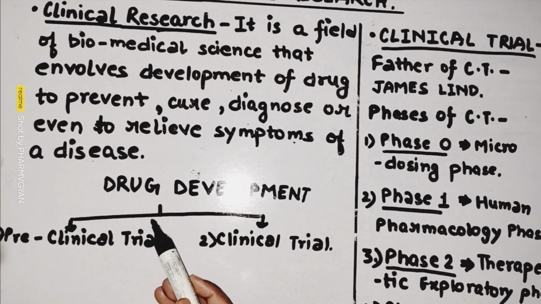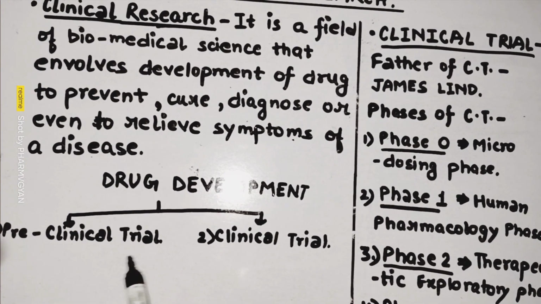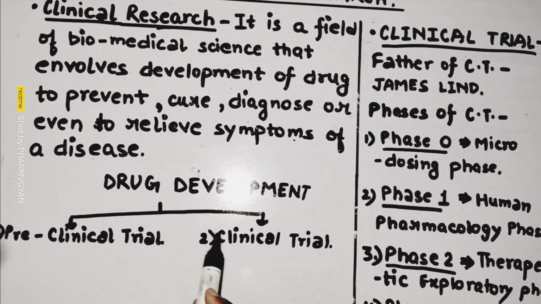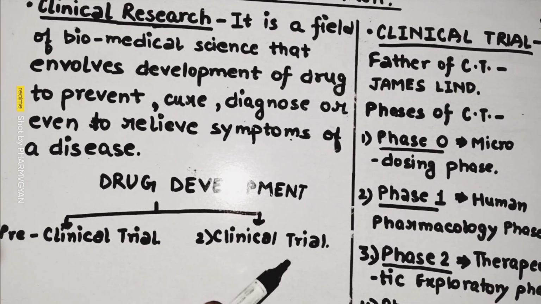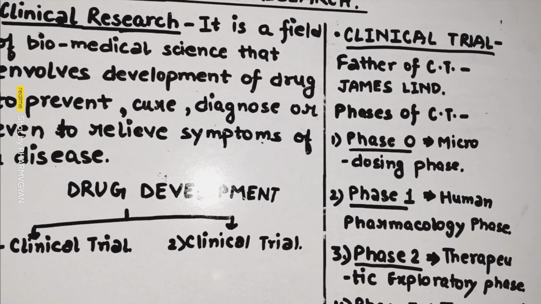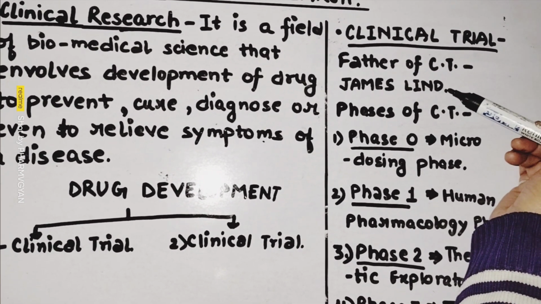There are two trials. First is the preclinical trial, which is done on animals. Then it is a clinical trial. This process involves humans. Father of clinical trial is James Lind.